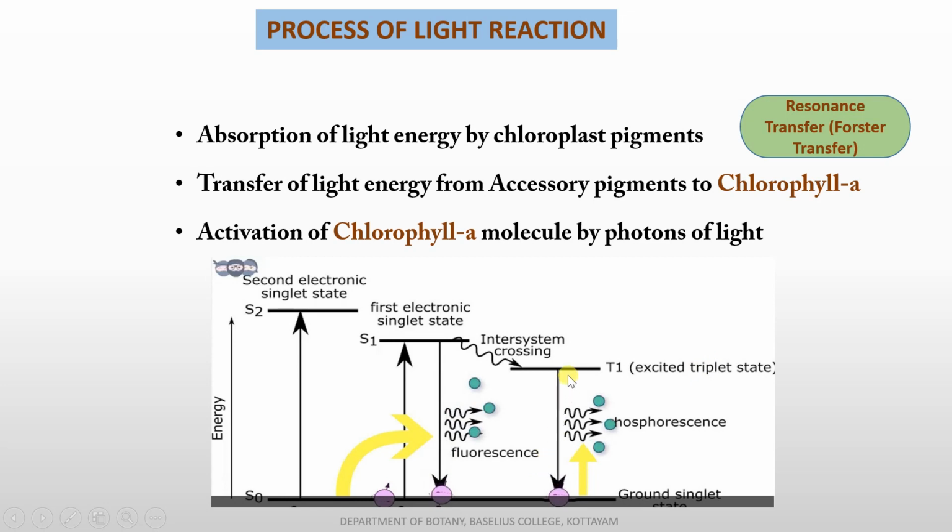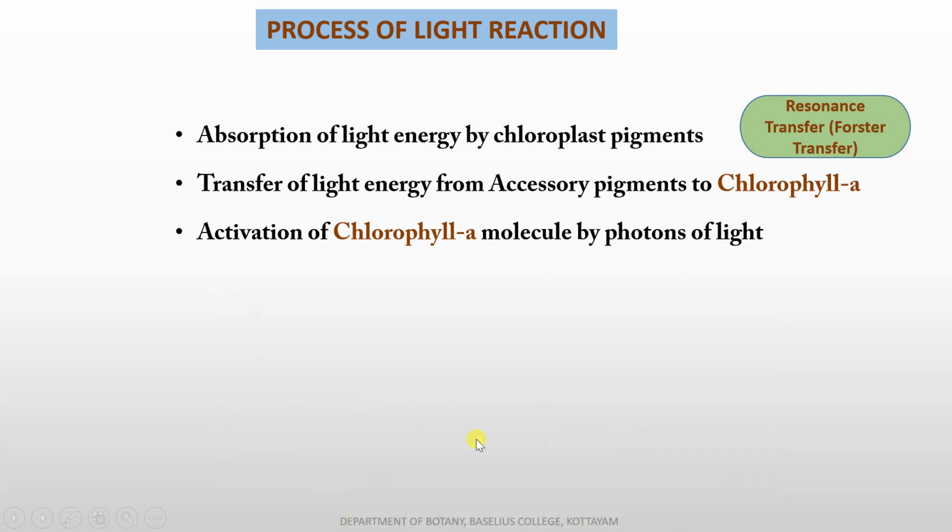The ejection of this electron from chlorophyll A leaves a positive charge, or hole, on the chlorophyll molecule. So that's happening during activation of chlorophyll A molecule by photons of light. Here the exact photochemical reaction is now starting.